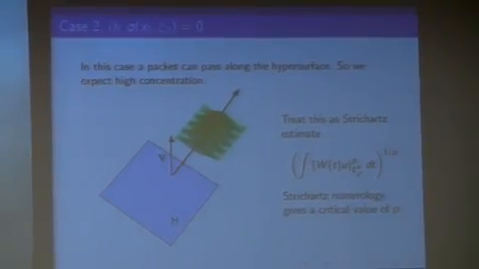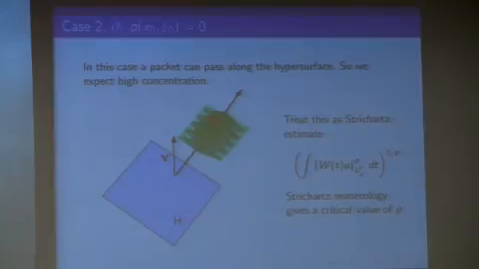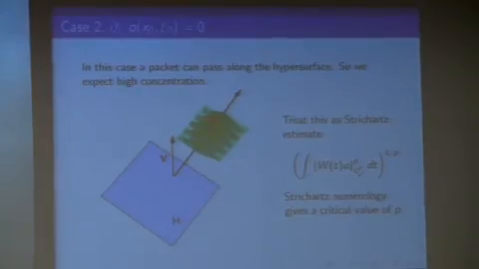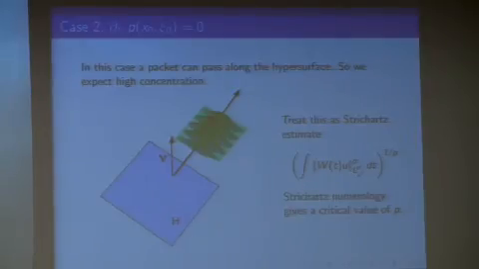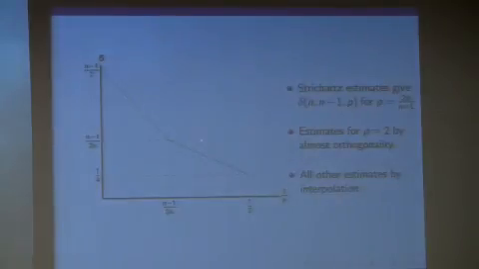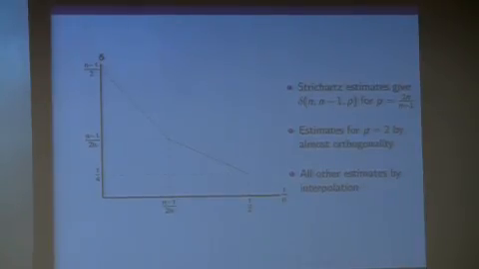If we set the weights of the Strichartz estimate to be equal, the numerology will give us one perfect value of p for which this expression is bounded. And that perfect value of p is the kink point, 2n over n minus 1. That is exactly the point where you have this family of sharp estimates.